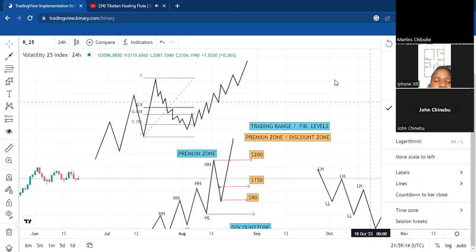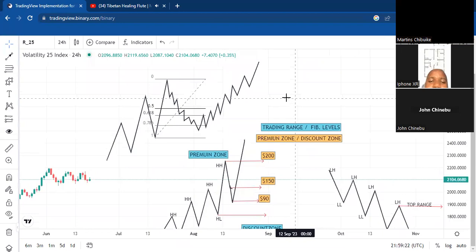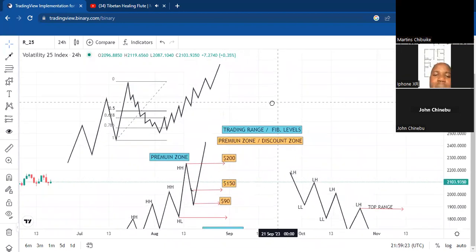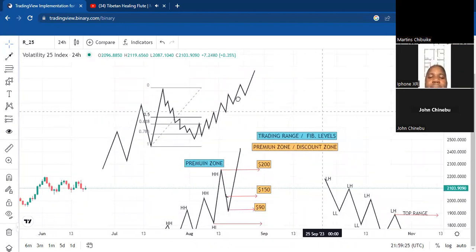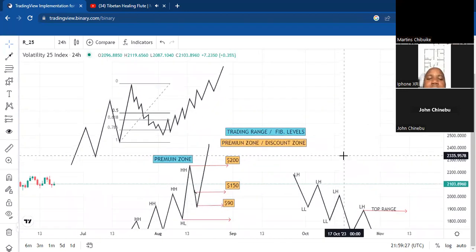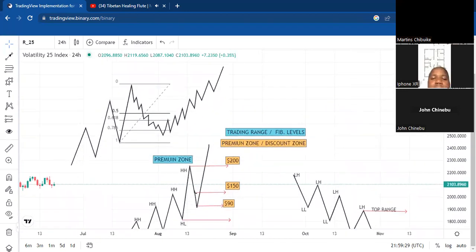So hope you are following me. So the inverse side is just the opposite. I don't know whether I should do it again, the bearish.